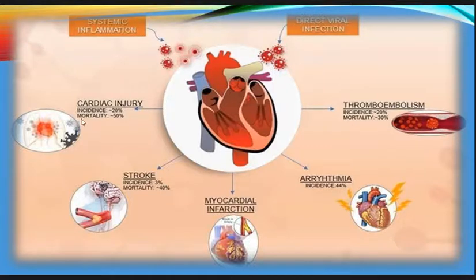The incidence of mortality is 50% with cardiac injury. With stroke, the mortality is 40%. There's myocardial infarction that happens as a result of the thromboembolism, and that mortality is 30%. At this point, you're going to definitely have arrhythmias that will actually prove that you're having a myocardial infarction.